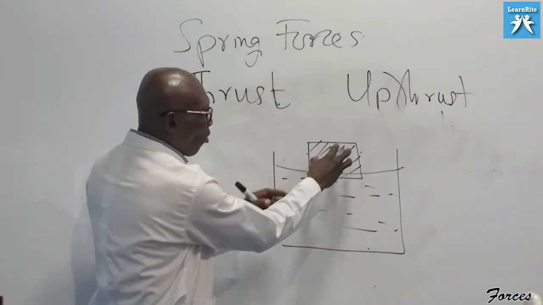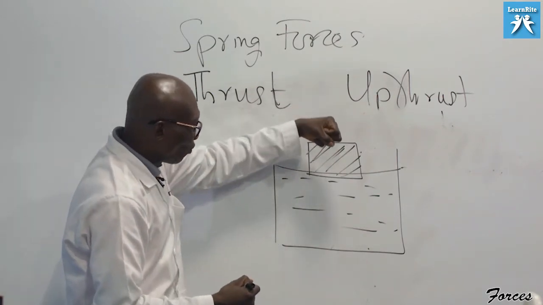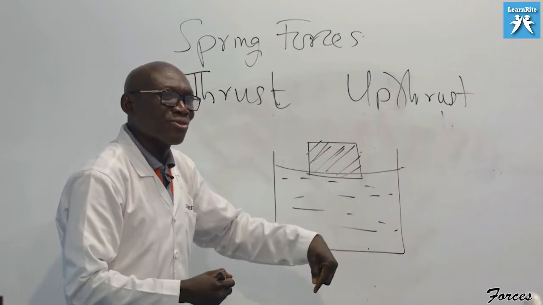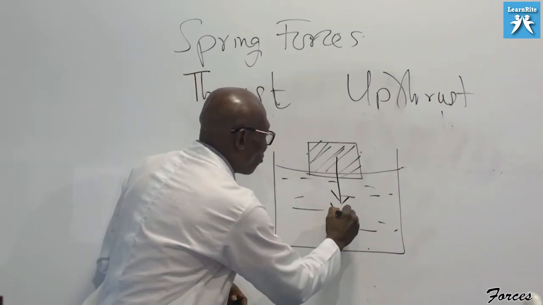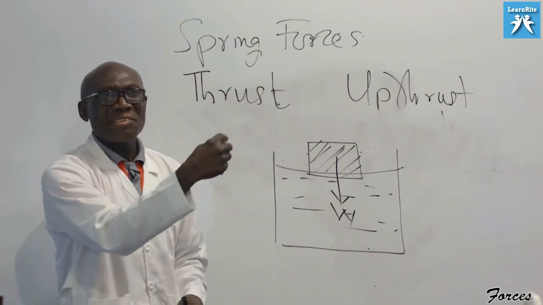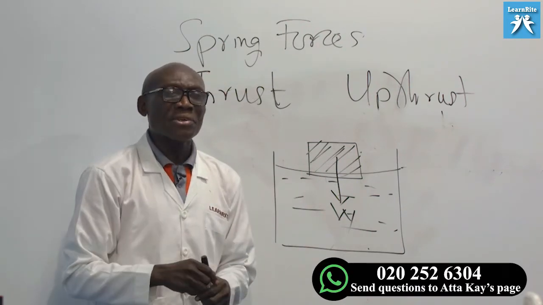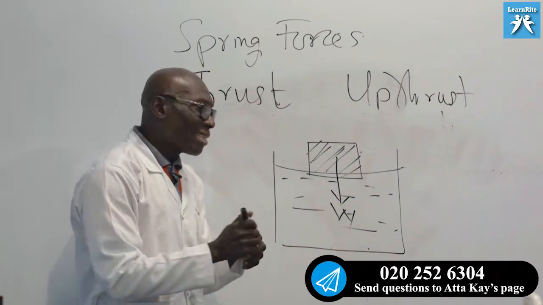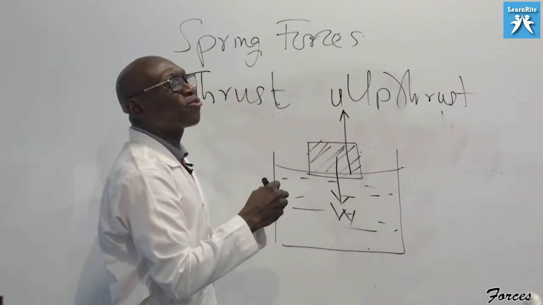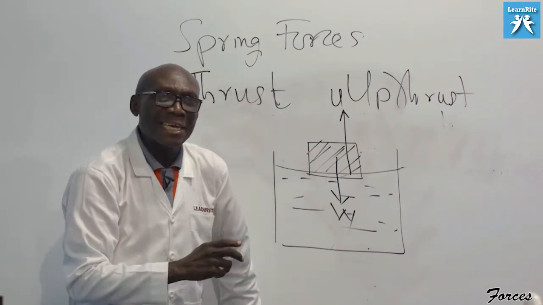Now, the weight of this body will try to push the body through the liquid. The weight, W, of this body is exerting a force on the liquid. And you can't just exert force and get away with it. There's always going to be a response. And the response here is that this liquid will also give you a force we call the upthrust to hold you in check.